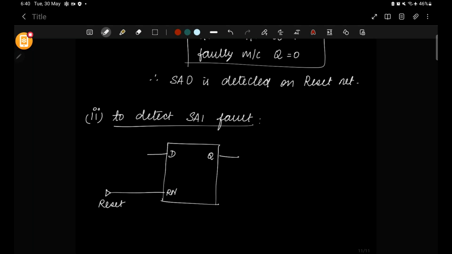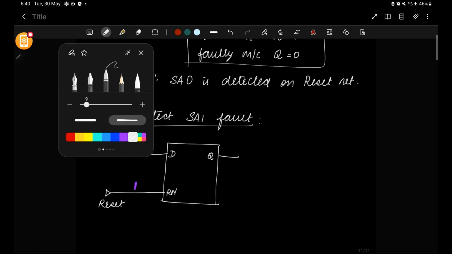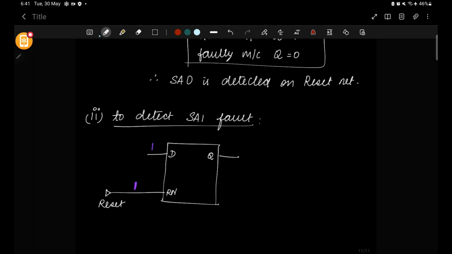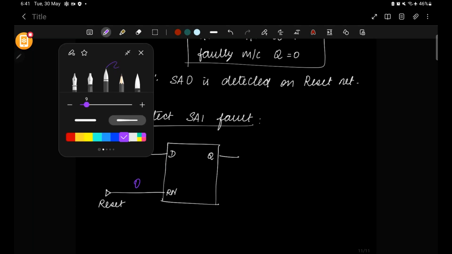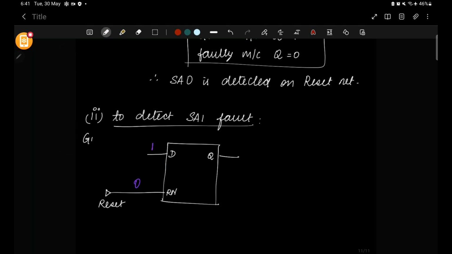Stuck at 1: assume a fault, force the opposite value. Here the tool will write 0, and we assume at the D input 1 is there. This is the good machine. As reset is pulsed, Q becomes 0.